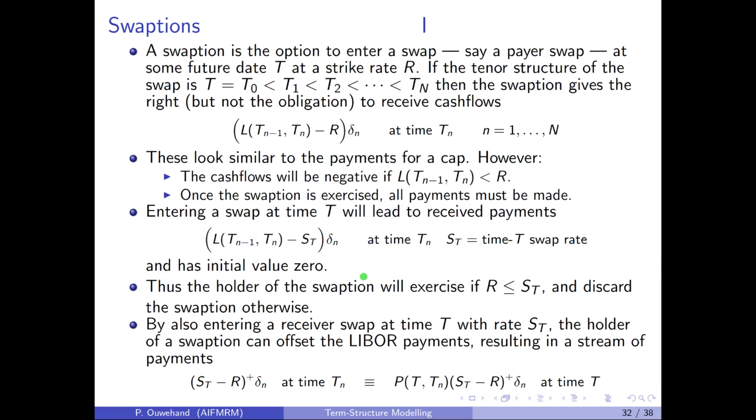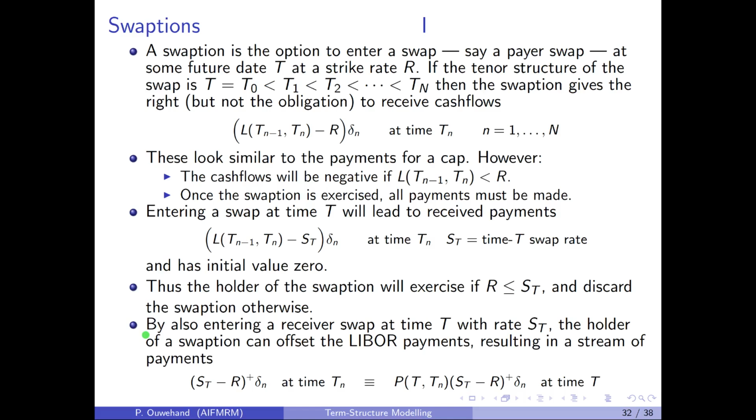So the holder of this swaption could either exercise it, enter the swap, and end up paying a fixed rate of R, or they could enter a swap at the prevailing swap rate and end up paying ST. Clearly, it's preferable to pay R only if R is less than or equal to ST, and thus the holder of the swaption will exercise only if R is less than ST. If R is greater than ST, the swaption will remain unexercised.